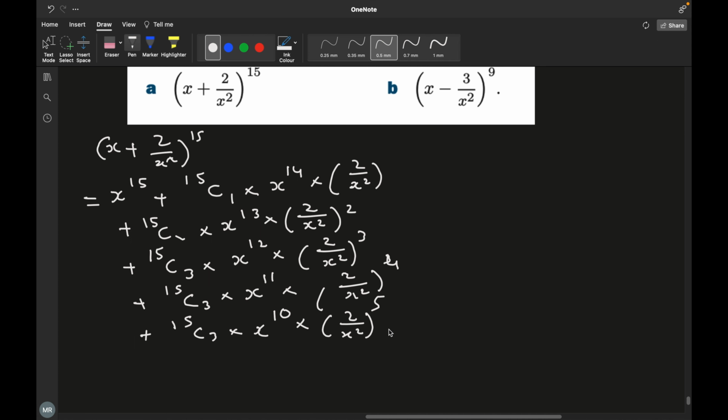You just keep writing this until you find a term that does not have the x term.